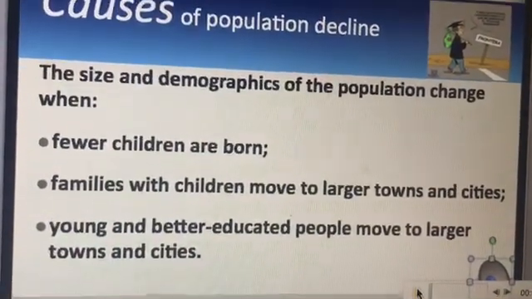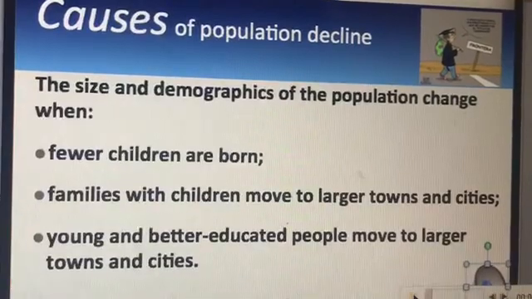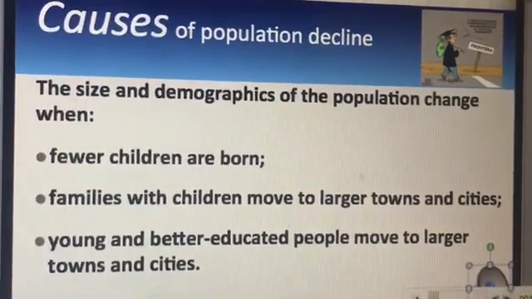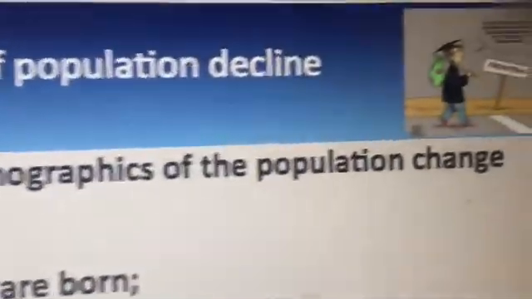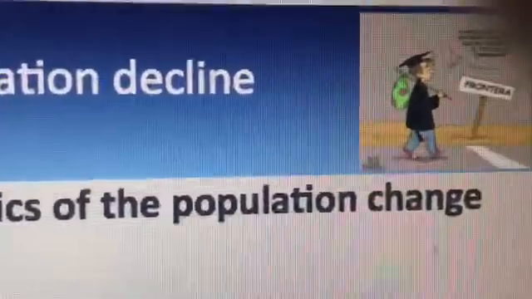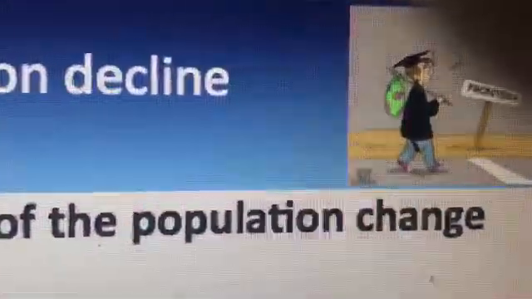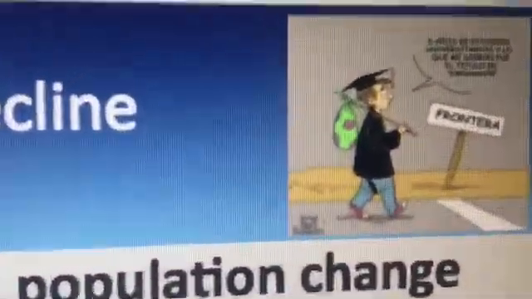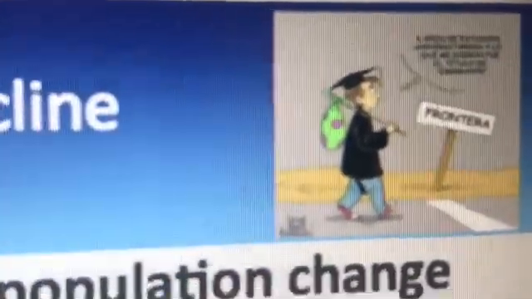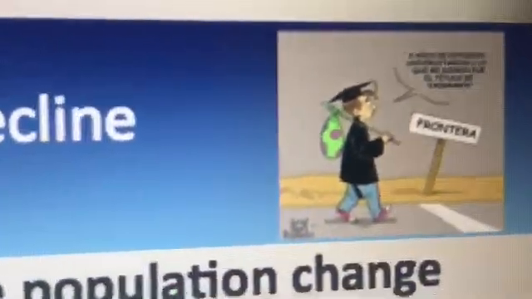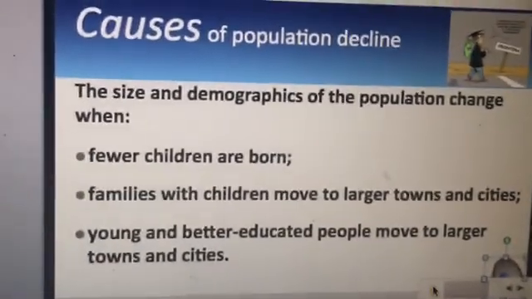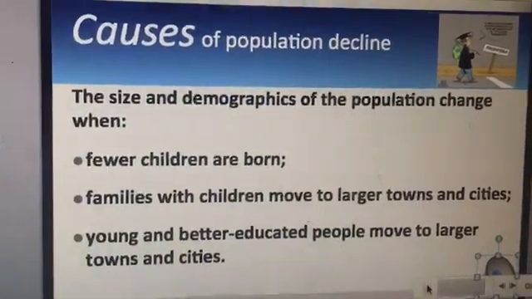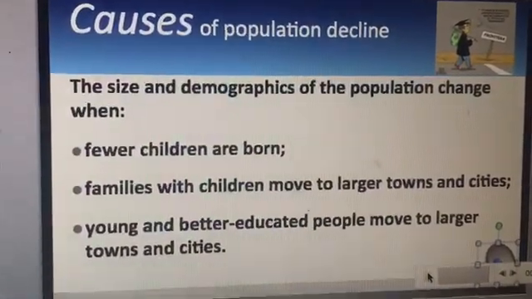The causes will be, as we see in this little picture, when young adults finish studying, they want to develop their lives in the big cities. The better educated people decide to move to large towns and cities because there's more entertainment. So in the village that they left, there are few children and few children are born.